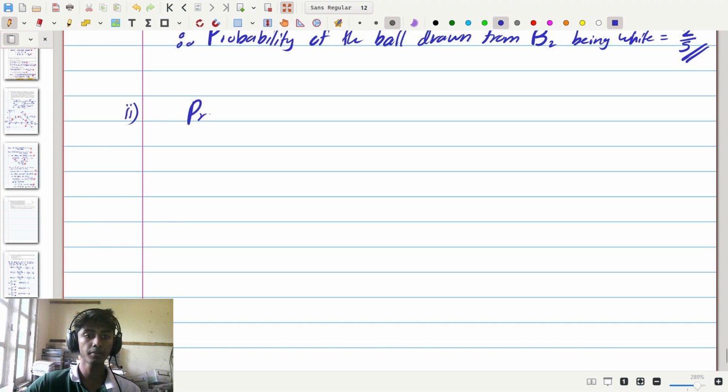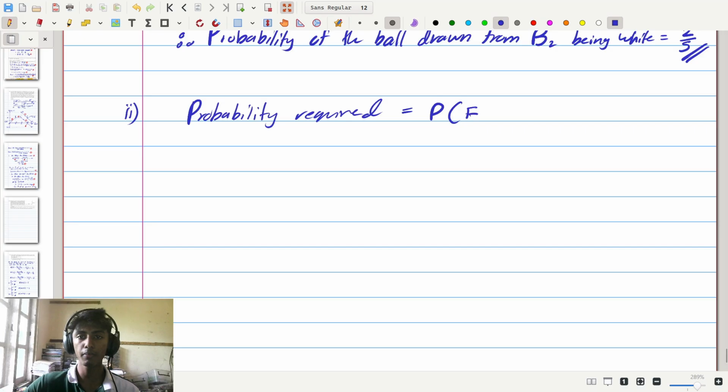probability required is probability of E1 given W, and for this what we're going to do is to apply Bayes' theorem. So we'll say applying Bayes' theorem.